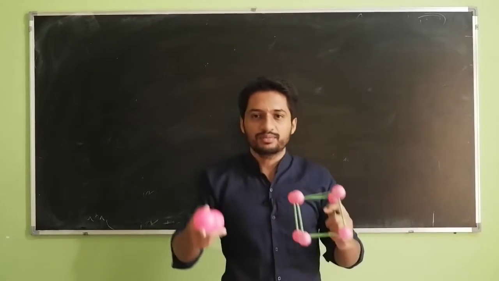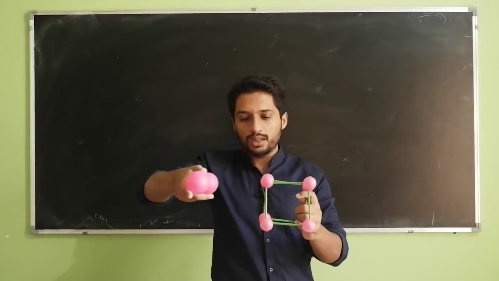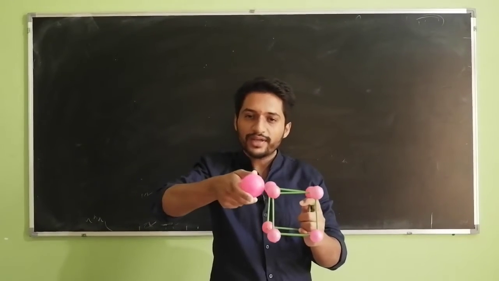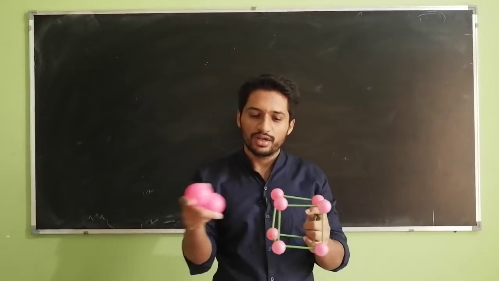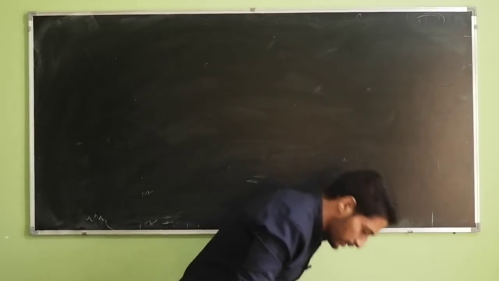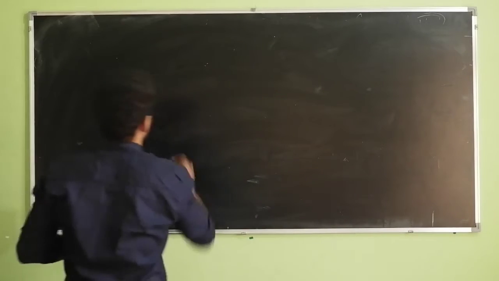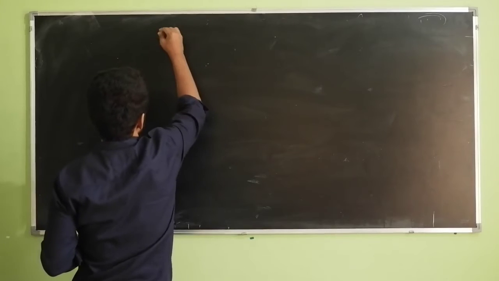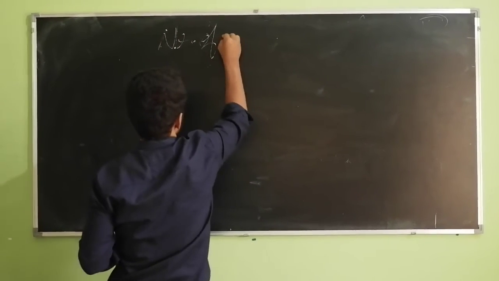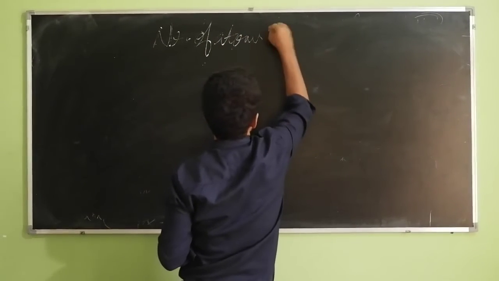So these two atoms are being shared by these two other atoms that are there. So this is one more unit cell that is being formed by sharing these two atoms. It's not like there is a whole different unit cell that is being made. Alright then. So now let's discuss the number of atoms in a unit cell.